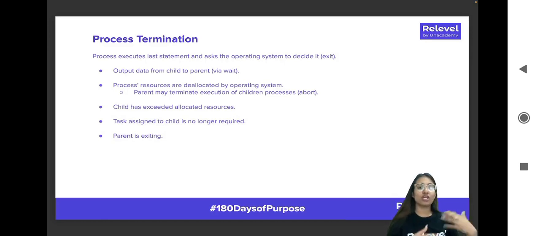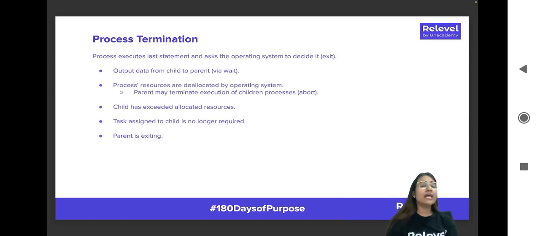A process may require some resources, but the system is incapable of providing them. In that case, we terminate the process. There is also a kill command, which terminates a process in case of an unhandled process interrupt. We know an interrupt happens when we forcibly take the resources of a CPU. In that case, sometimes we use a kill command to terminate the process altogether.